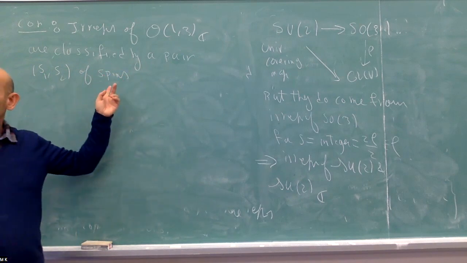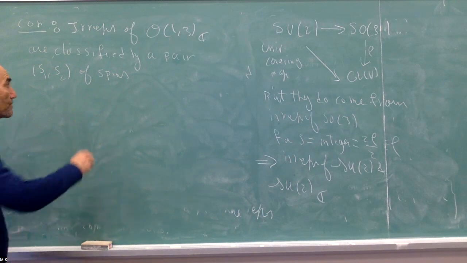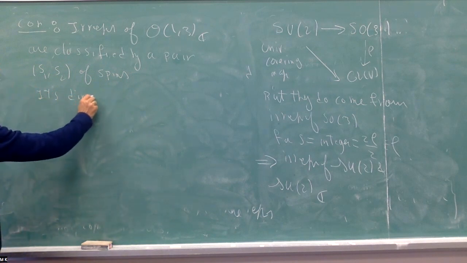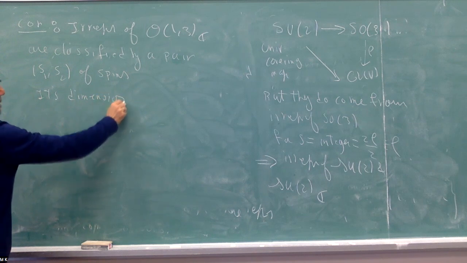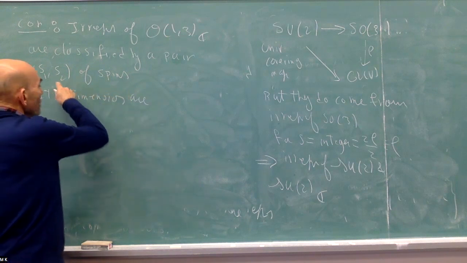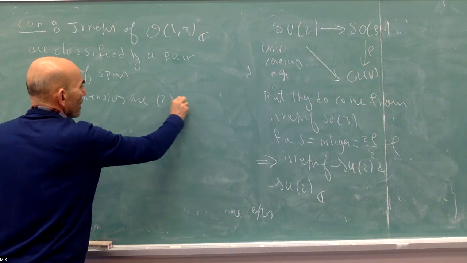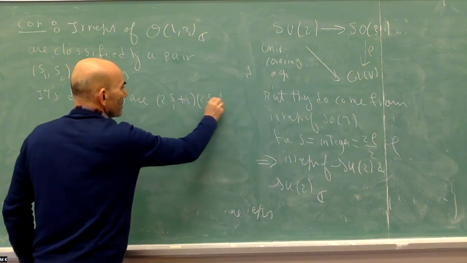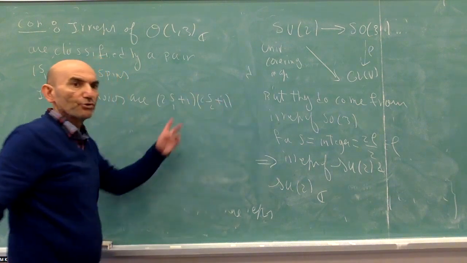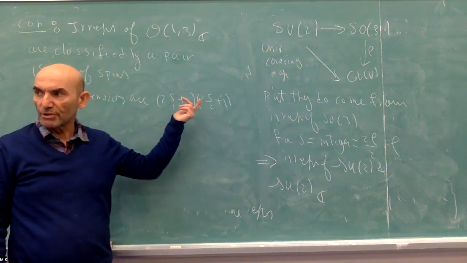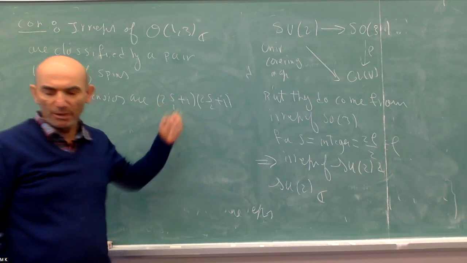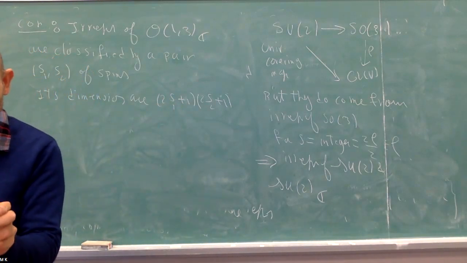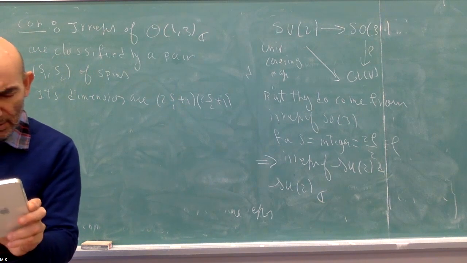So the dimension of this representation is (2s1 plus 1) times (2s2 plus 1), right? Because we just took the tensor product of two representations, and one has dimension 2s1 plus 1, the other has dimension 2s2 plus 1.